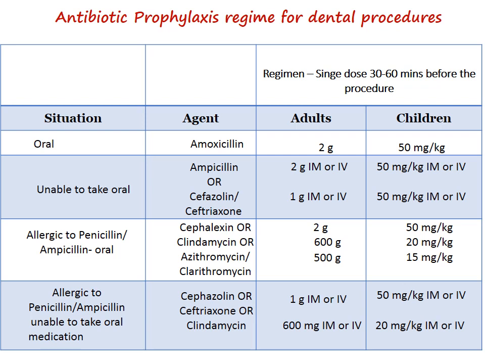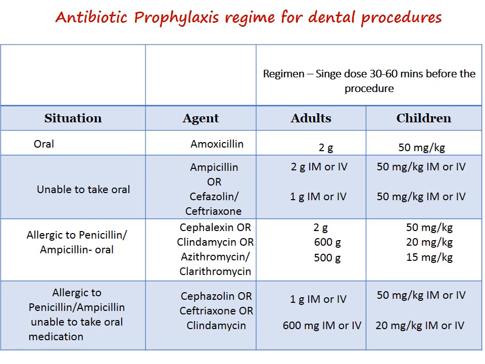Ampicillin for adults is 2 grams IM or IV. For children, 50 milligrams per kg IM or IV can be given. Cefazolin or ceftriaxone is 1 gram IM or IV. IM is intramuscular, IV is intravenous, or 50 milligrams per kg intramuscular or IV.